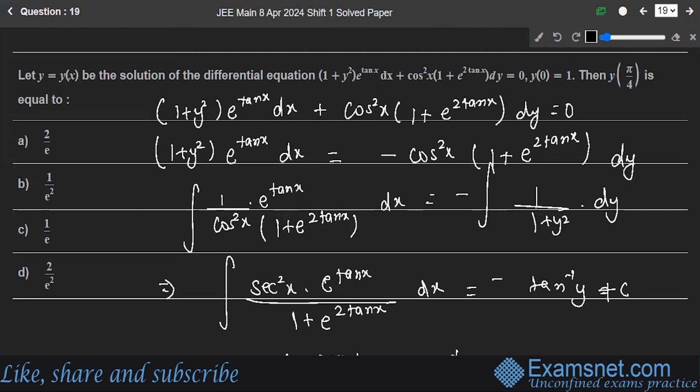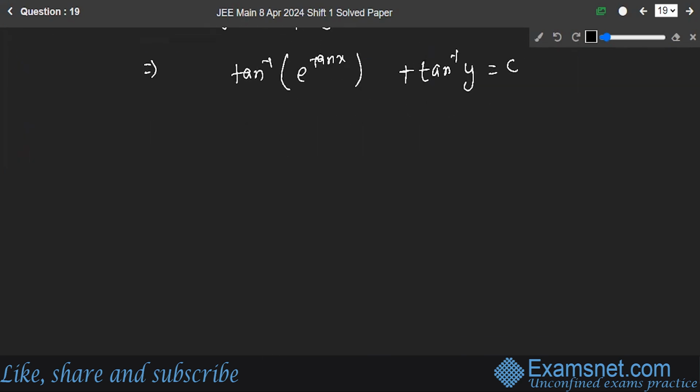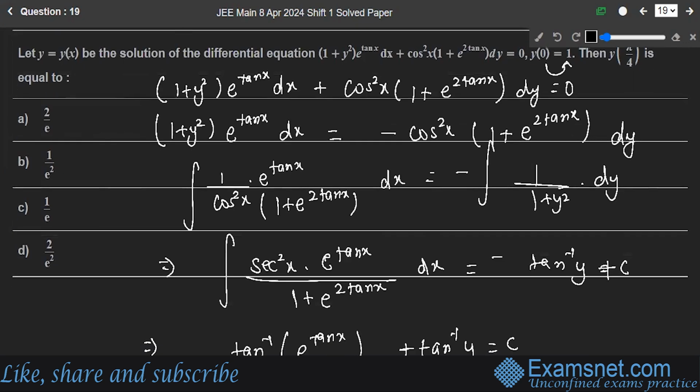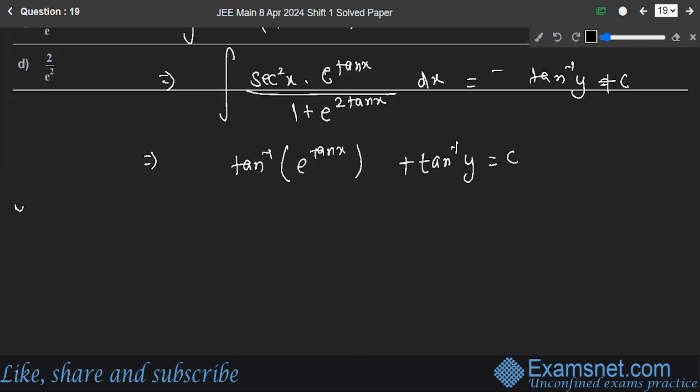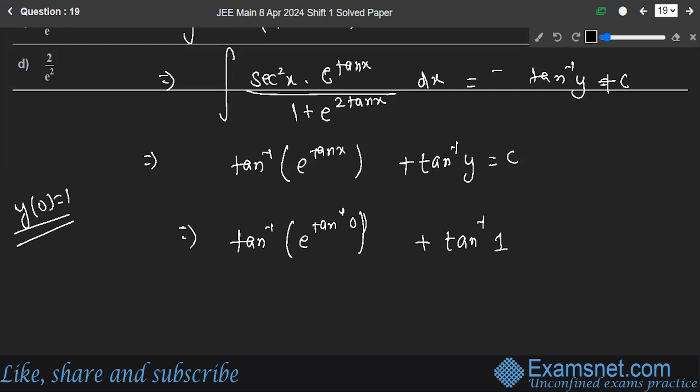Now you're given in the question that y of 0 is equal to 1. That means when x is equal to 0, y is equal to 1. So this gives me tangent inverse of e power 0, and this is tangent inverse 1, and this is equal to C, right?